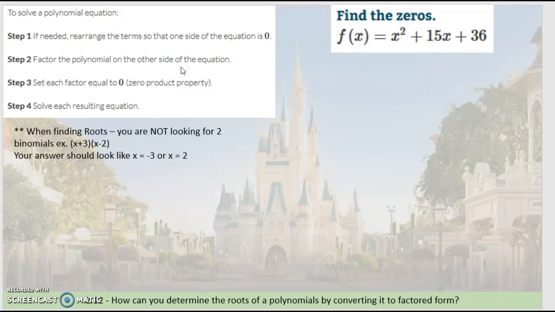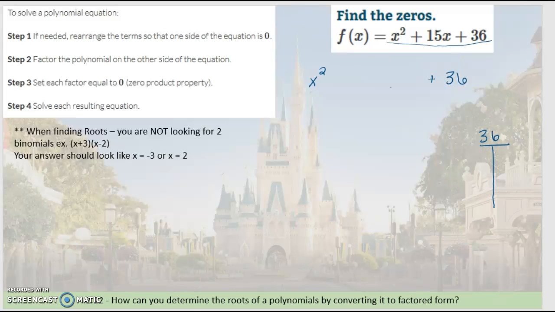So this is the normal thing that we've done. We're going to factor out this x squared plus 5x plus 36. So remember, we have to break down that 5x into two terms. And those terms need to multiply to be 36 and add to be 15.